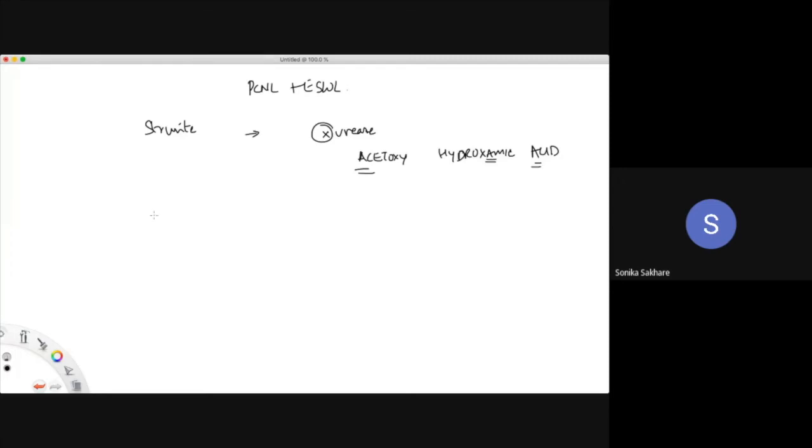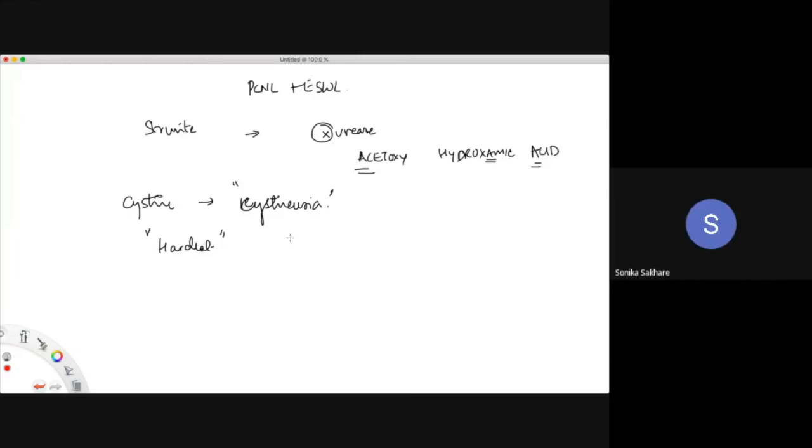Next, we'll have a look at the cystine stones. This happens due to a condition called cystinuria, again a metabolic condition where we have excretion of cystine in the urine, and these stones happen to be the hardest stones. So very hard. You cannot break them. So what do you do here?